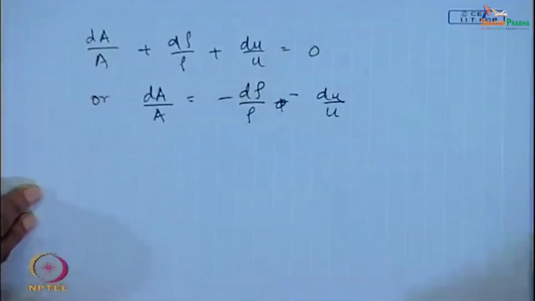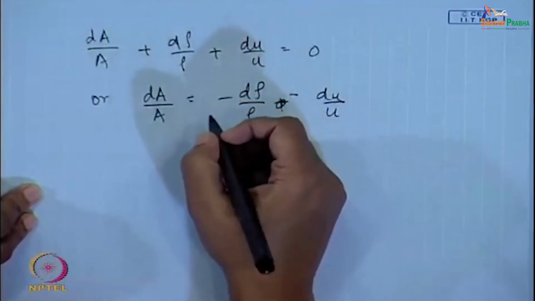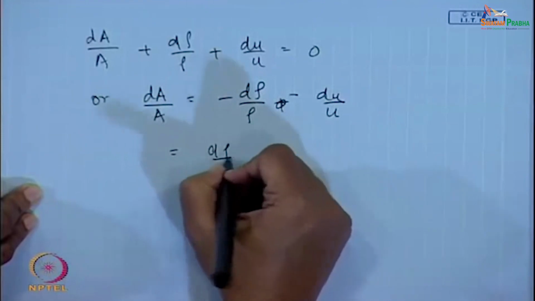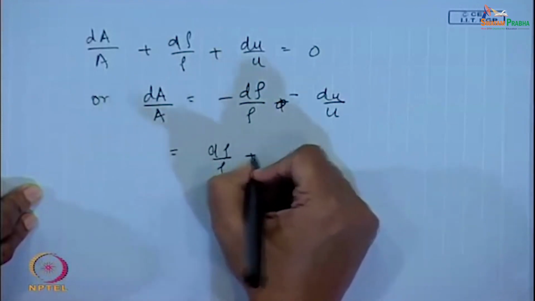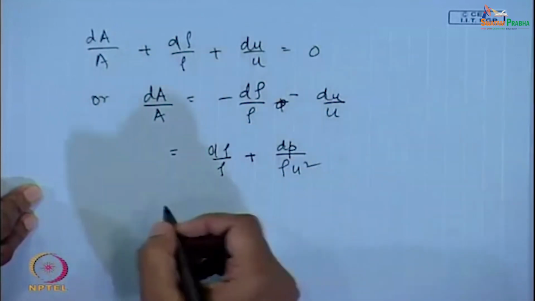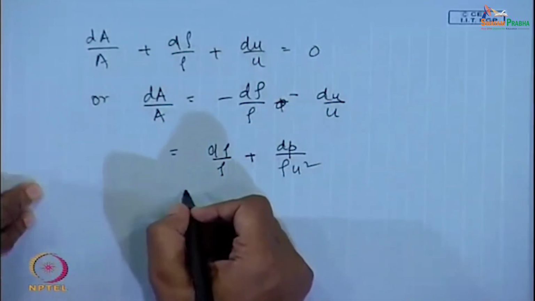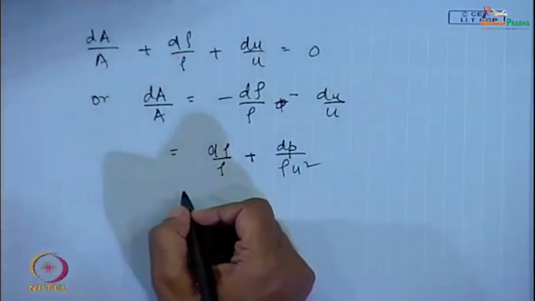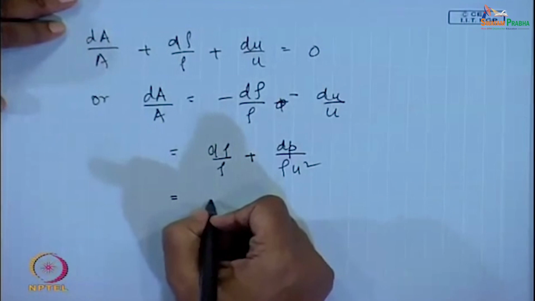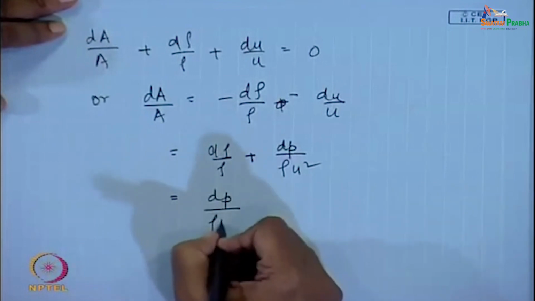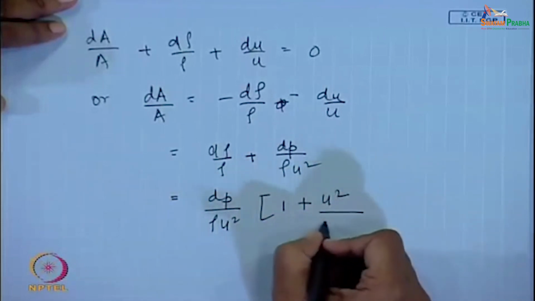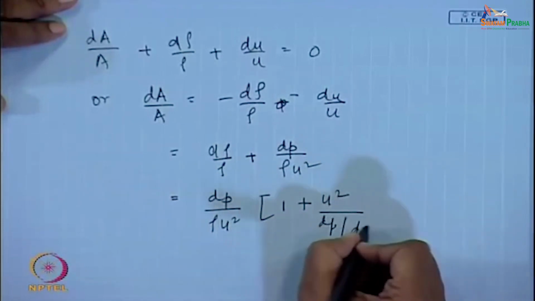So, if we do it, we get this as d rho by rho plus dp by rho u square, or in other words it can be written down as dp by rho u square times 1 plus u square by dp d rho.